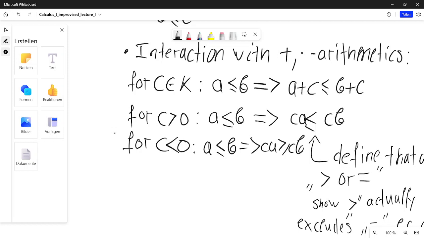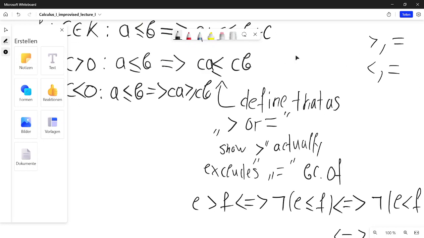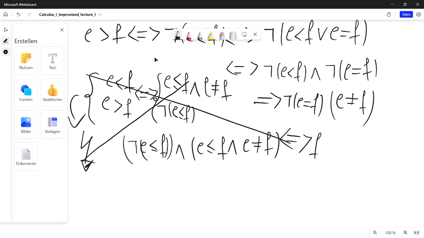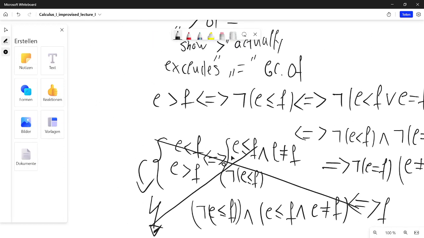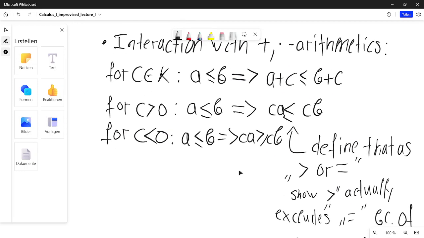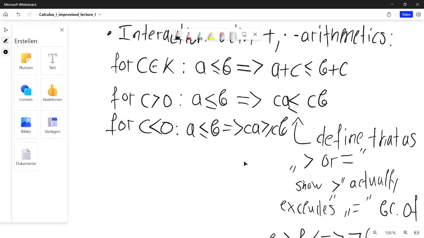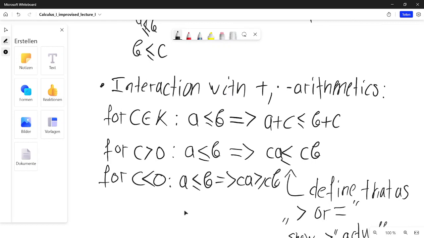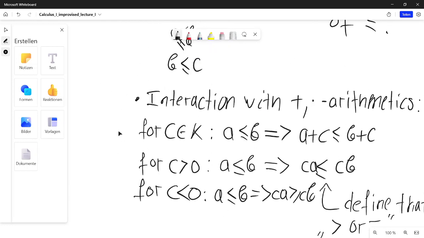But yes, it probably happens, I would say to myself, that it is normal. Well, the main thing is we have got it right in the end. Then we have that. Interaction with plus and multiplication arithmetic gives us that.